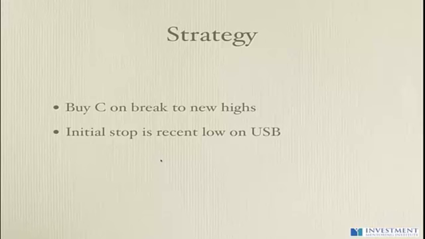In other words, I want to leg into the spread either by buying C with an initial stop at the recent low on USB, or going short USB with a stop in C at the recent highs of about a week and a half ago. That way we can leg into the spread.